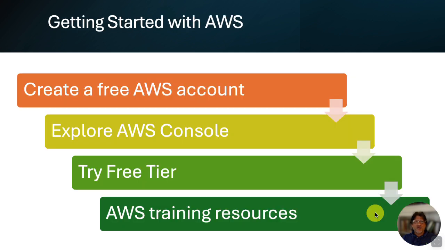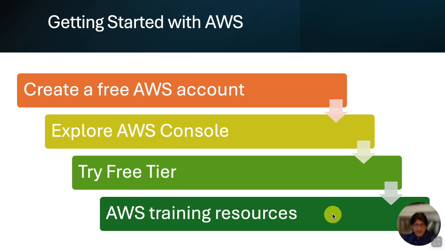In order to get started with AWS, you may want to consider creating a free AWS account to begin with. You'll get $200 for 6 months, as I mentioned in my previous lecture. You can explore the AWS console, try the free tier offerings, and use the AWS training resources.